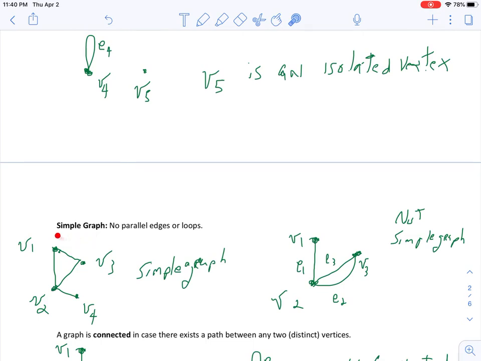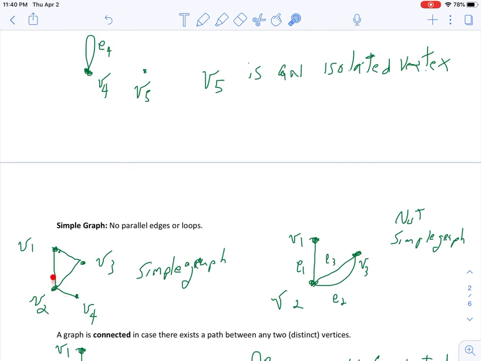And now I'm going to define what I mean by a simple graph. A simple graph is simply a graph that has no parallel edges and no loops. Okay, so if you want an example of a simple graph, here it is. By the way, this vertex V3 is meant to be connected right there.